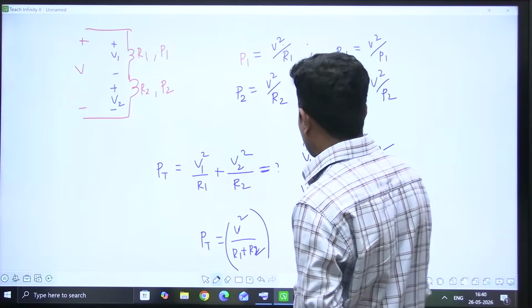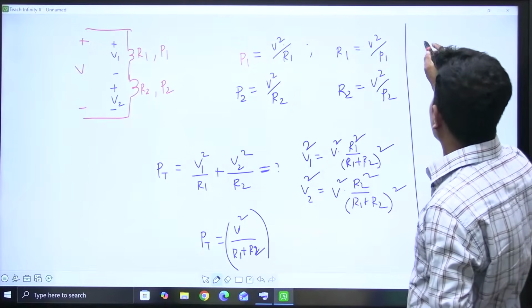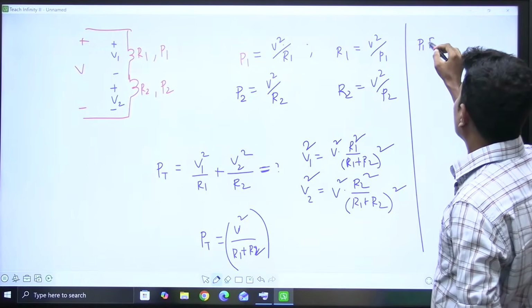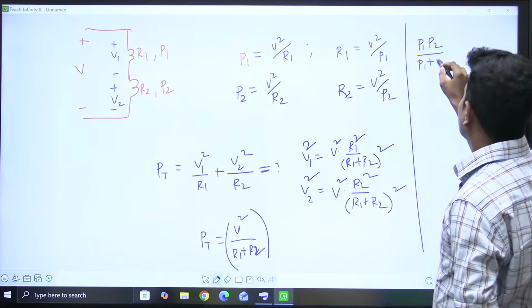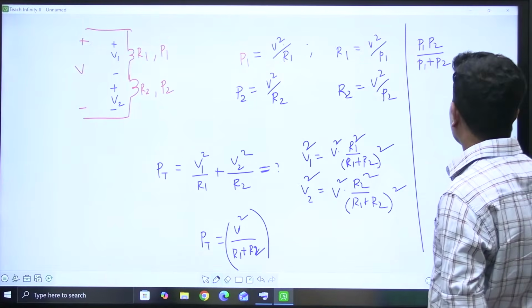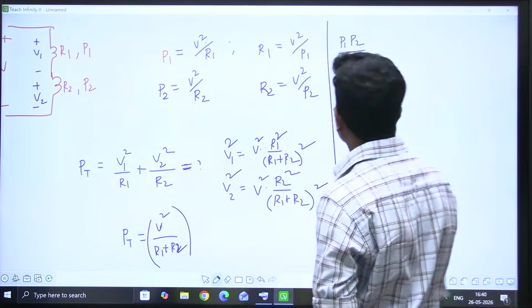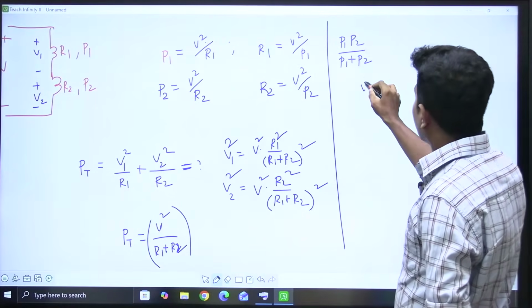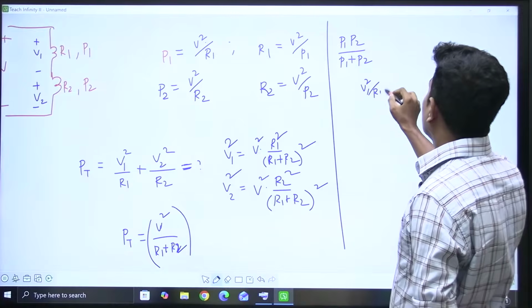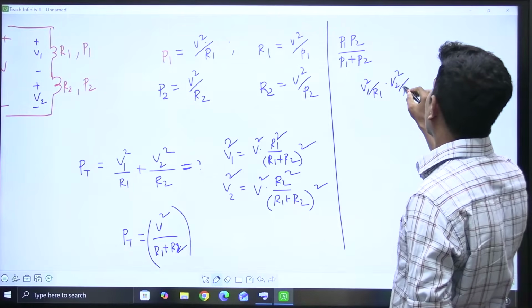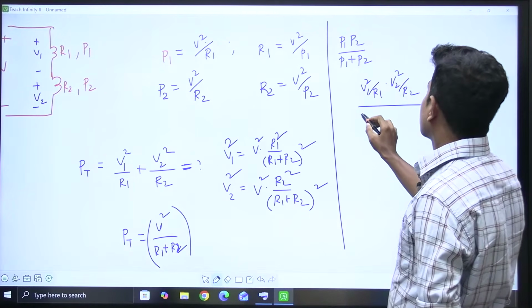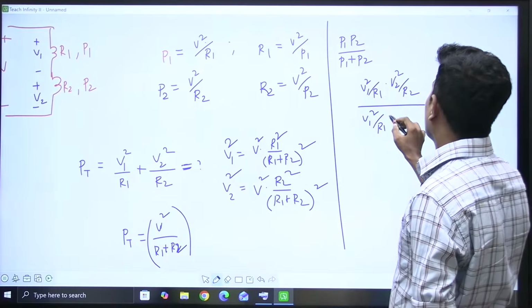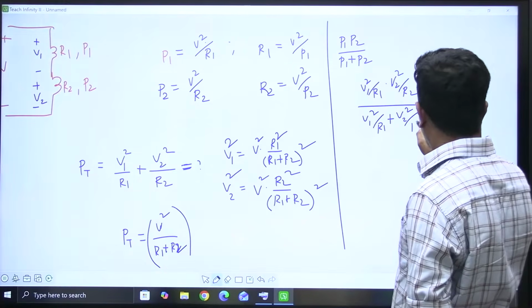Because now let us check option 1. From the options, let's try. P1, P2 by P1 plus P2 is the first option that is given. What is P1 in terms of V1 square by R1? P2 is V2 square by R2. Let's try. V1 square by R1 plus V2 square by R2.